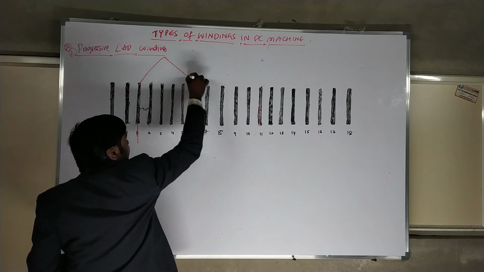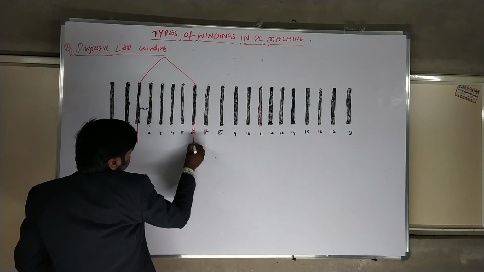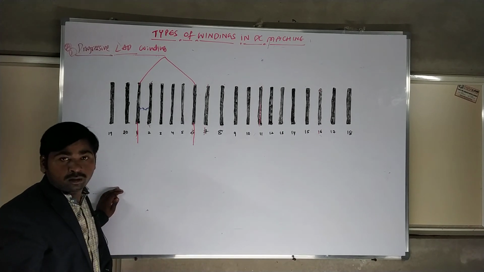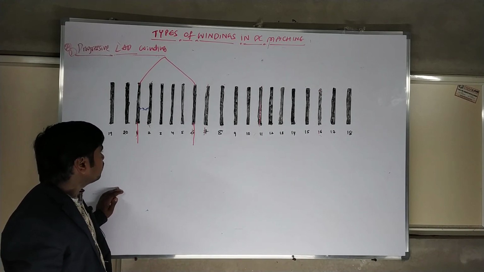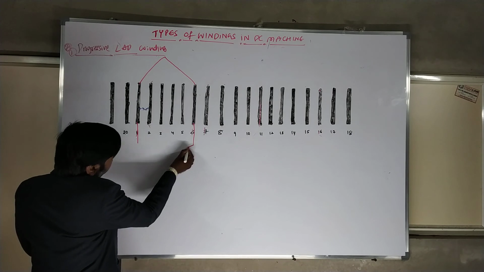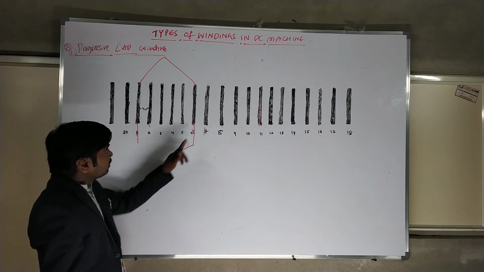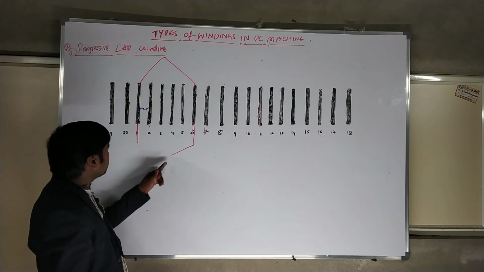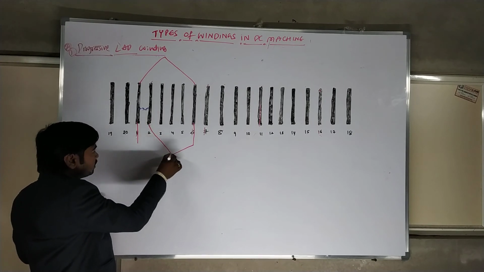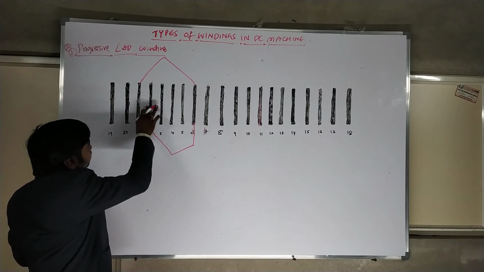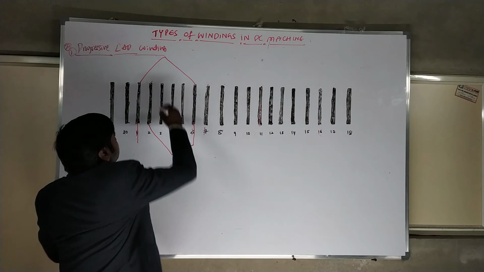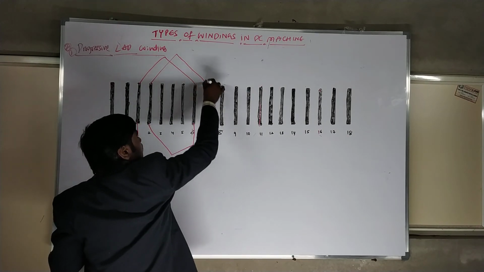First you draw the winding over here till this point. Next, as we have already seen, this will come like this. The second coil should connect in this fashion. After this, if you connect in a forward direction, then go like this, then come like this.